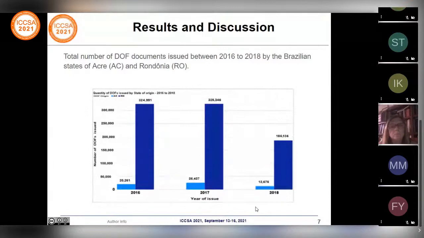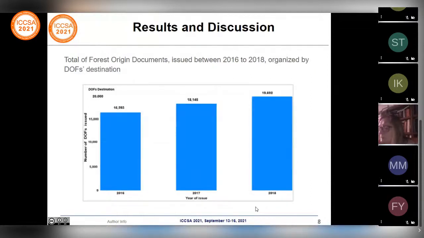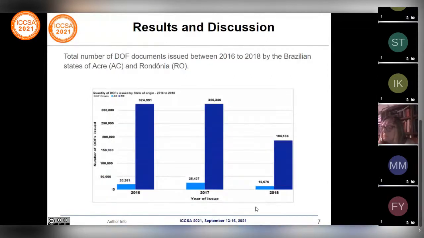Results and discussion. This figure shows the year-on-year evolution of DOF emission for the Brazilian states of Acre and Rondônia, where Rondônia has a much higher number of DOF issued.